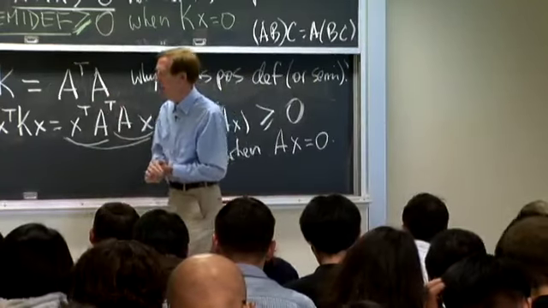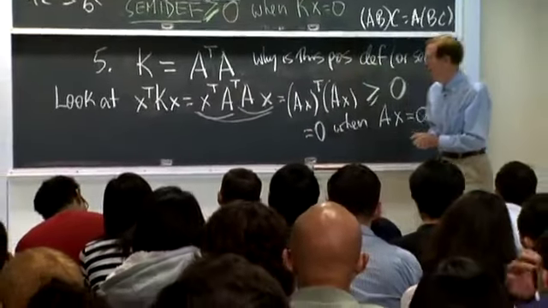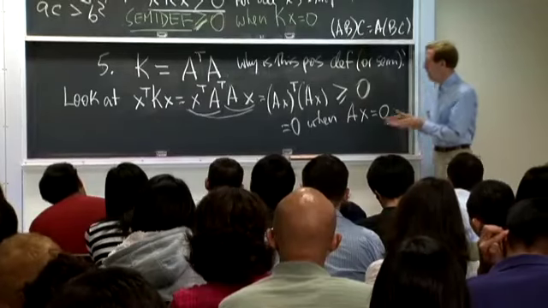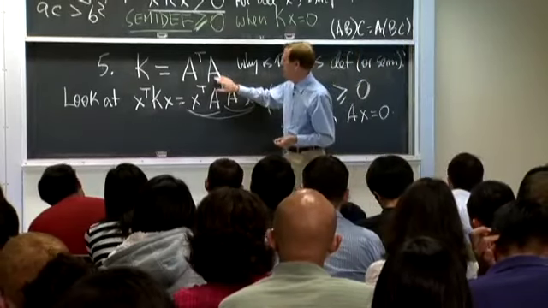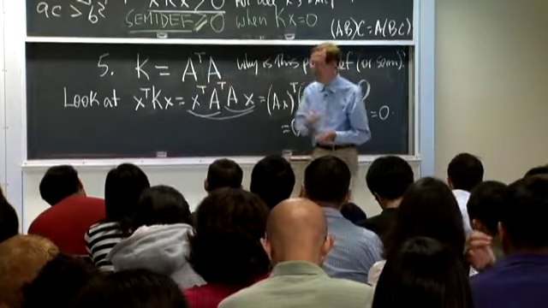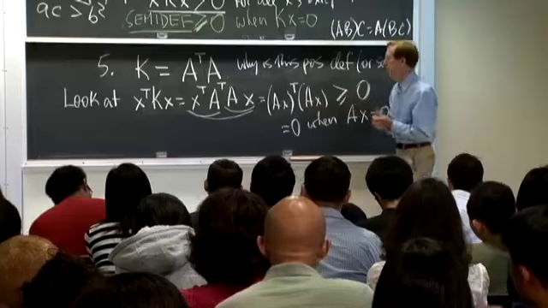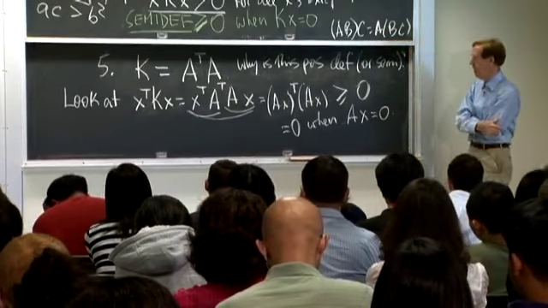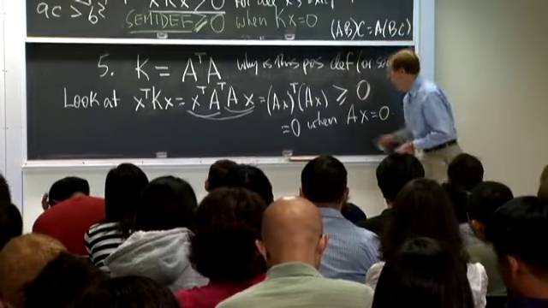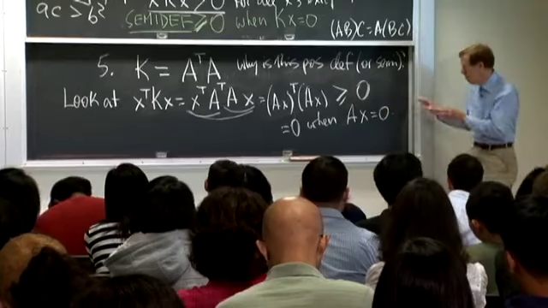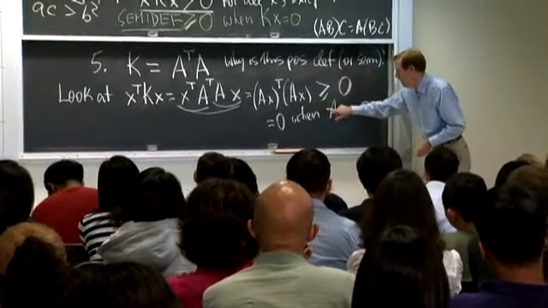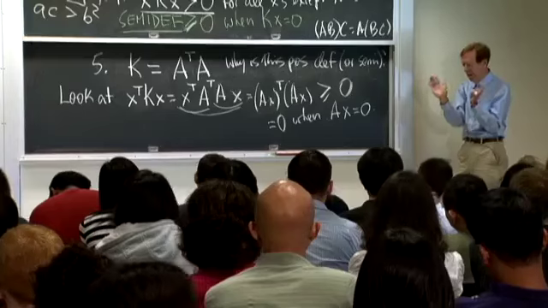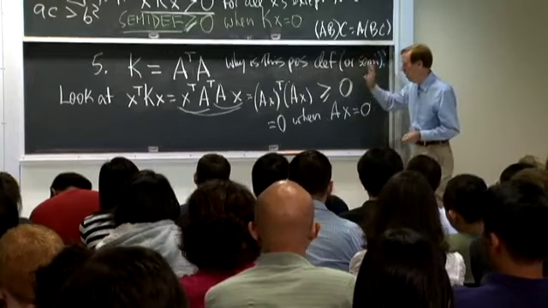If I pick any matrix A, the applications are going to be full of examples where the problem begins with a matrix A, and then A transpose shows up, and it's the combination A transpose A that we work with. We're just learning that it's positive definite, unless, okay, I have to get these two possibilities, positive definite or only semi-definite.